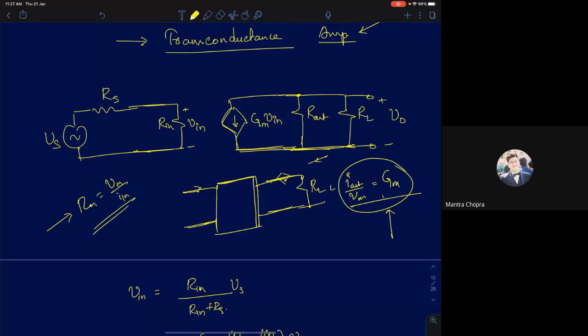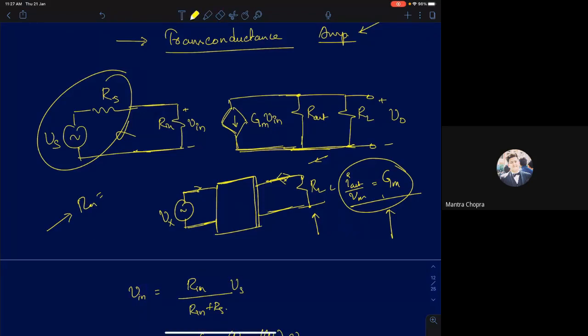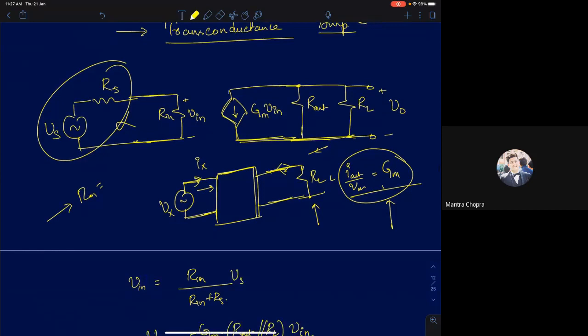And then, this part you're removing completely, and then I'm going to apply a test voltage here. You can call it Vs or Vx, test voltage Vx or Vin, anything, it doesn't matter. And then measure the current Ix drawn by the amplifier. The ratio of Vx by Ix will be your input resistance.